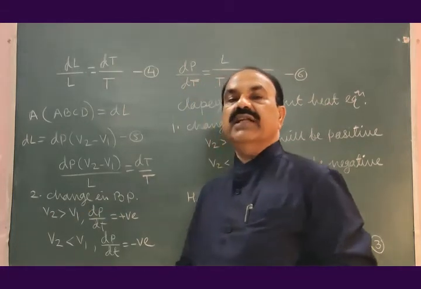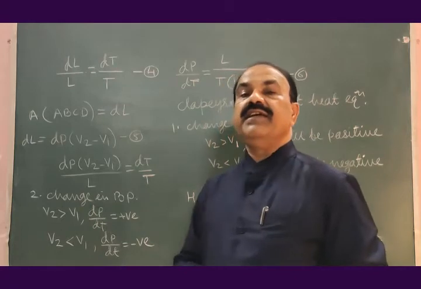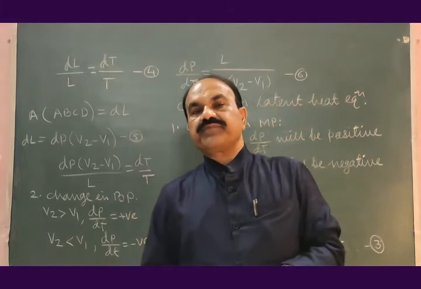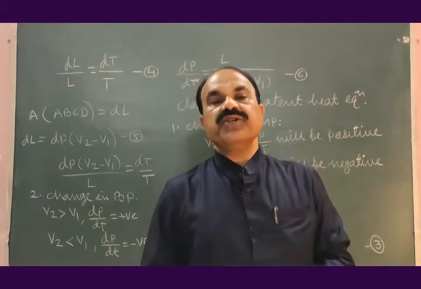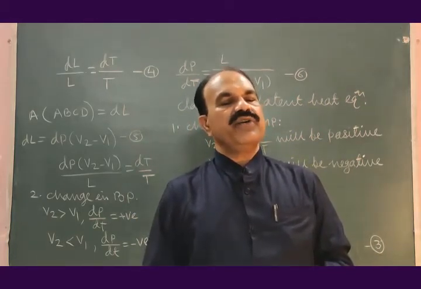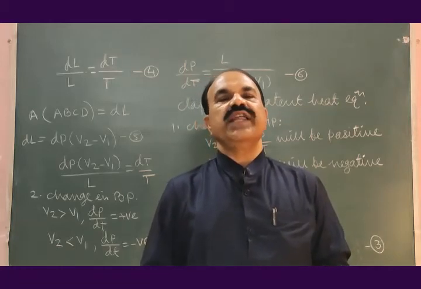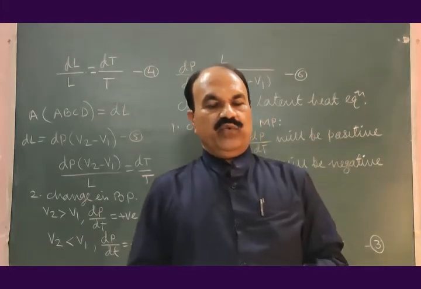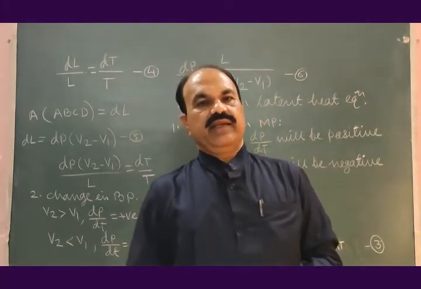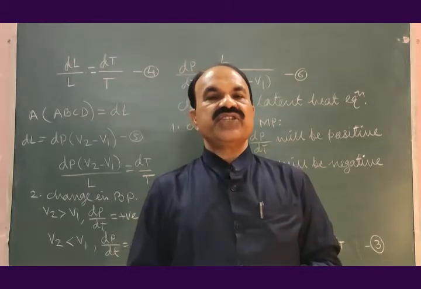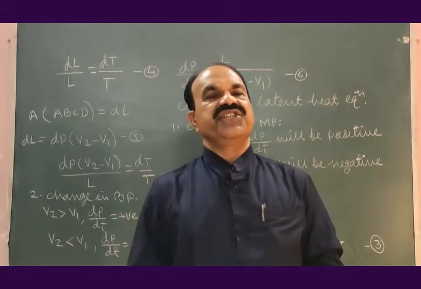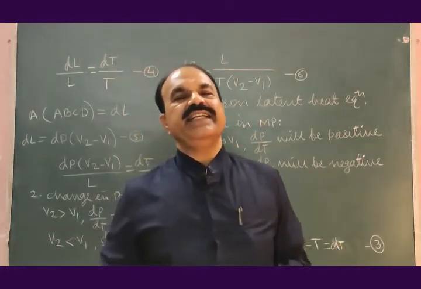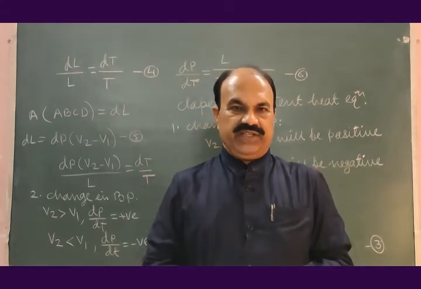Let us take an example of the first case. V2 greater than V1, dP by dT is positive. It finds applications. If pressure on a liquid is increased, its boiling point will increase. We know that water boils at 100 degrees Celsius when pressure on water is 76 centimeter of mercury.